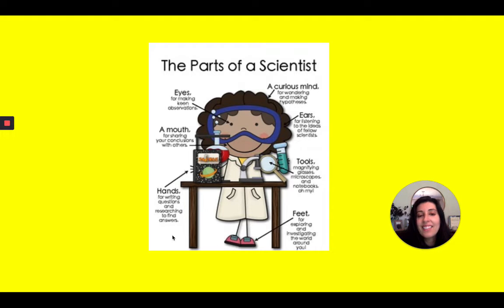Now let's look at the parts of our body and what we use to help us as scientists. Well, our eyes, can you point to your eyes? Don't touch them because we don't want to get any germs into our eyes, but point to them. Where are your eyes? Eyes are for making keen observations.